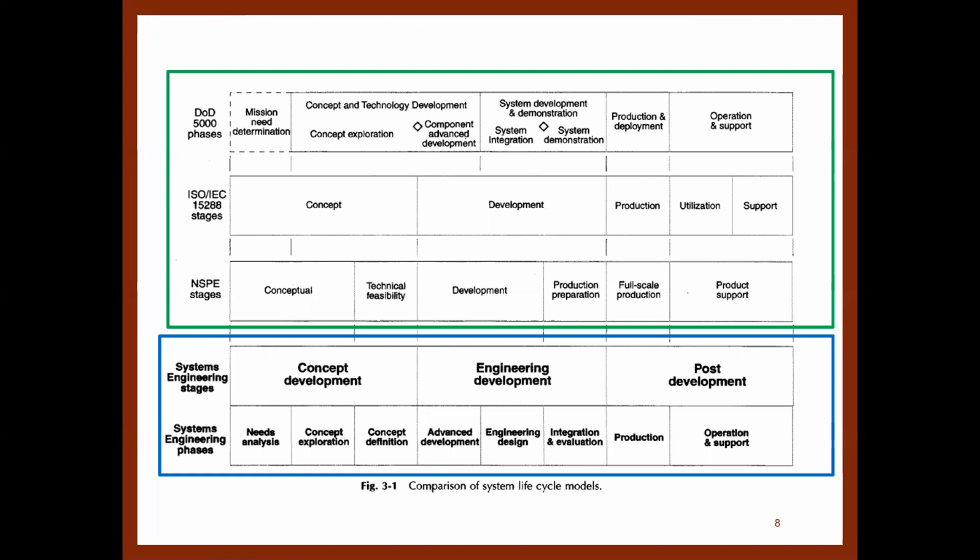Later this semester, we're going to go deep into each one of these phases. Same thing for engineering development. We have advanced development, engineering design, integration, and evaluation, and then post-development, production, operation, and support.